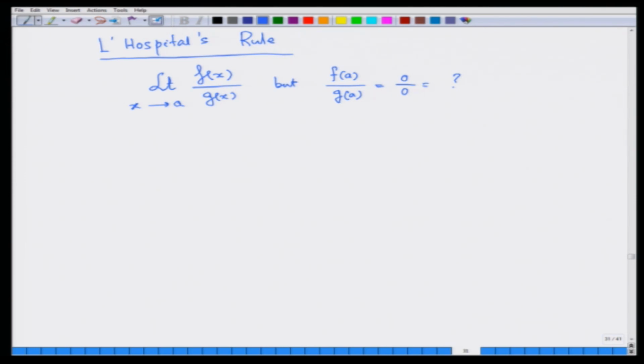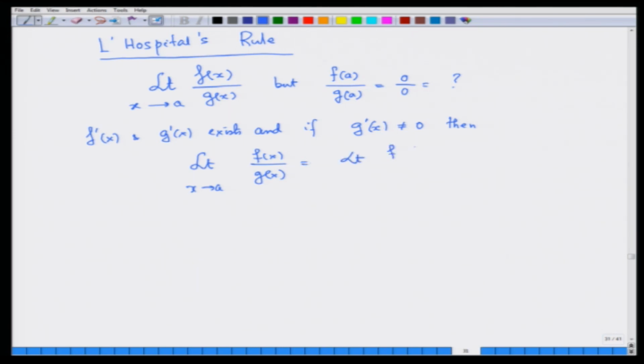So, what should be done now to handle such limits? There is this interesting rule. It says that if f dash x and g dash x exist, that is, the functions are differentiable, of course we have to assume it is differentiable at every x, and if g dash x is not equal to 0, then limit of x tends to a f(x) by g(x) is equal to limit of f dash x by g dash x.